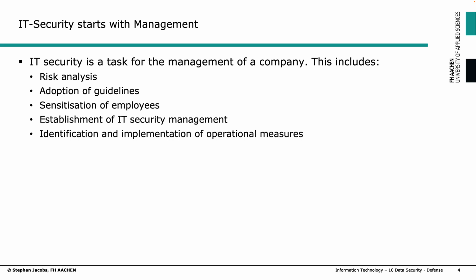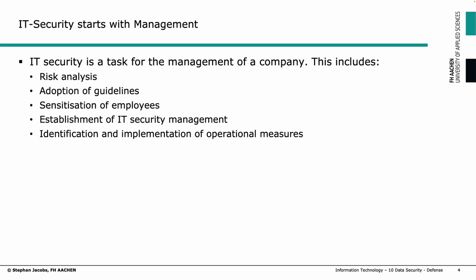In the long run, if you think about this human factor as a root cause, sensitization of employees is an ongoing activity which has to be done by management. On top, IT security management, that means a systematic approach to IT security, has to be established.